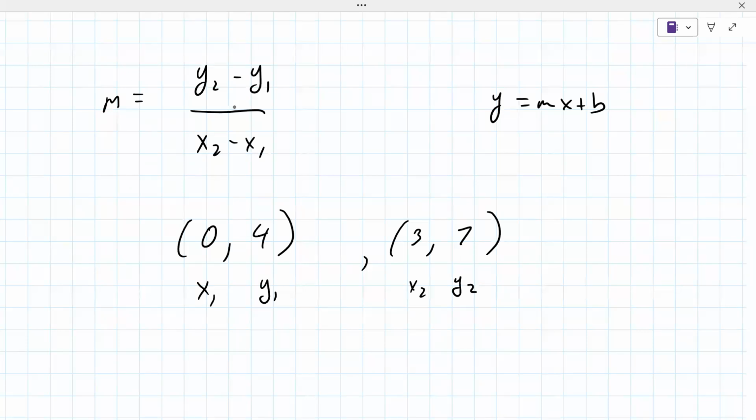That would equal 3/3, which equals 1. Yeah, the slope is 7 minus 4 over 3 minus 0, which equals 1.